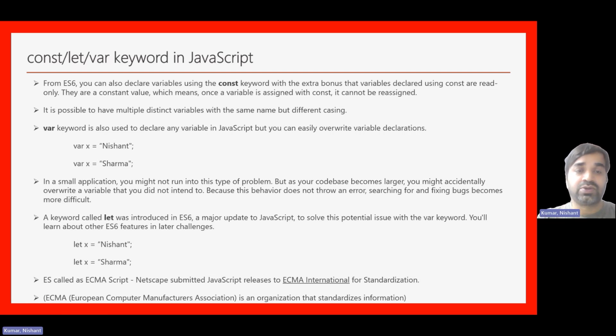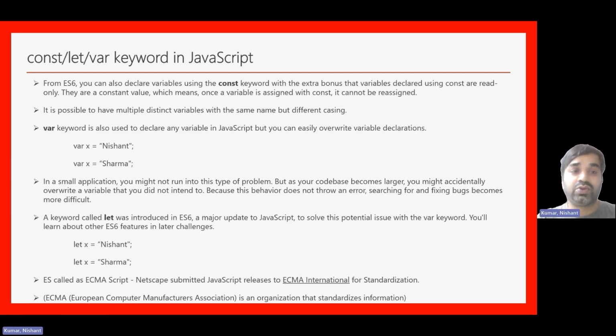The third one is let. Why do we use the let keyword? If we think a little broader, if our project is a little big and we are using a variable somewhere, there is a chance that if we rewrite or use the same variable which we already declared with that keyword, it will override the value.